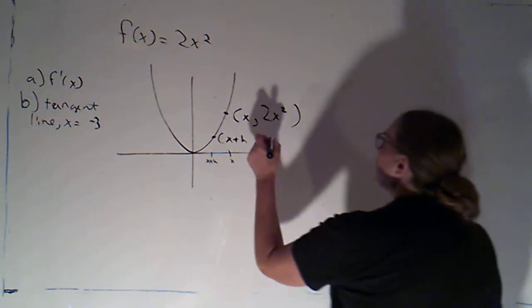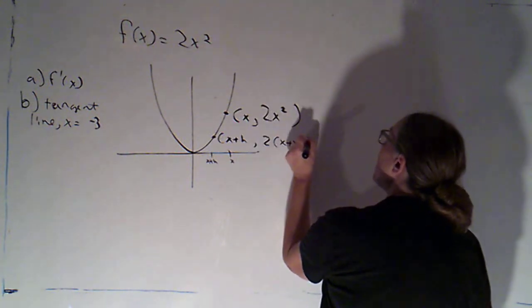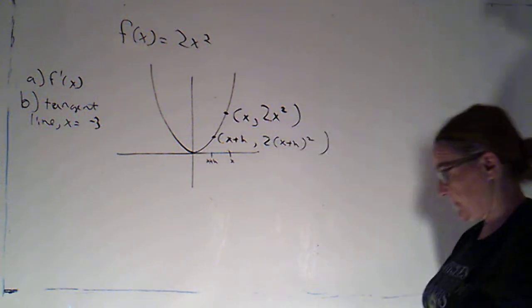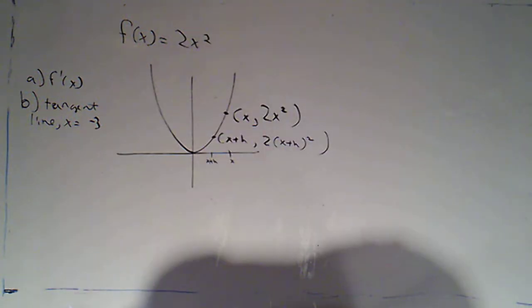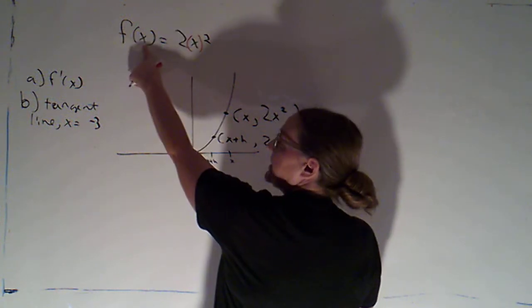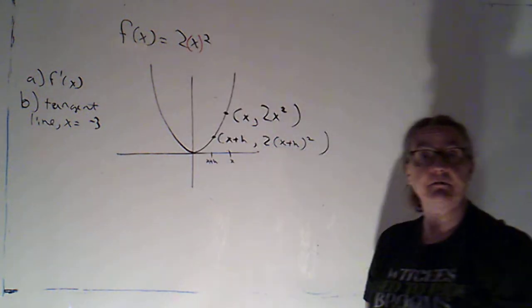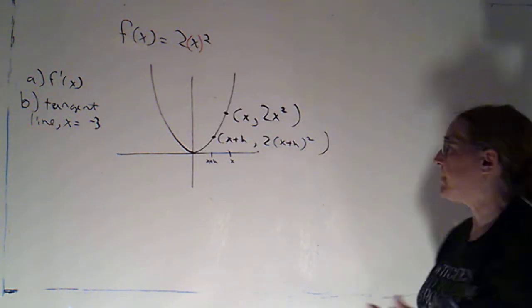Okay. All right, and then this would become 2 times x plus h, the quantity, squared. So I want to remember, when I'm plugging in x plus h, just like there are parentheses around the x here, I can put parentheses around the x in the formula for f. That's just a placeholder for my input.